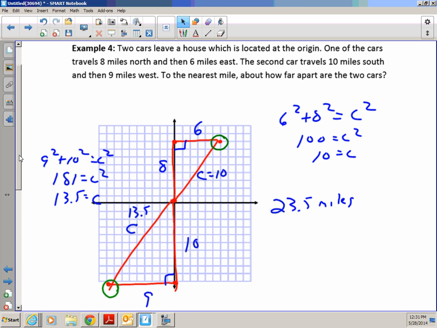Now, another thing you could have done is you could create one huge right triangle going from here to here.